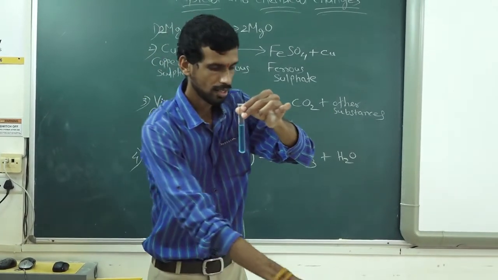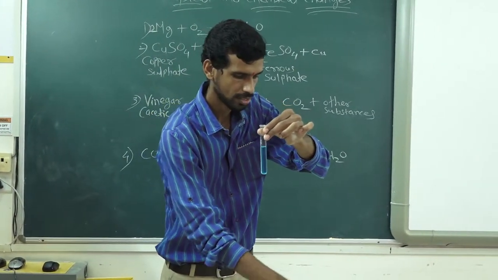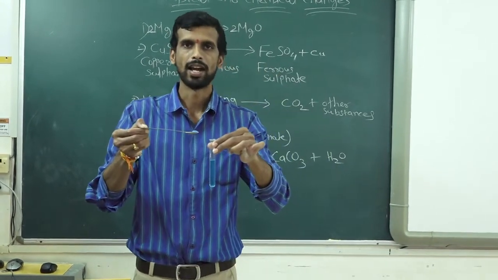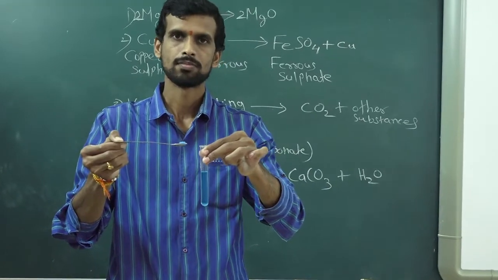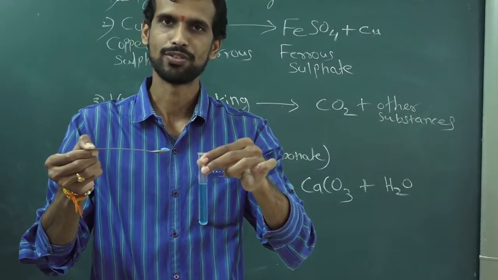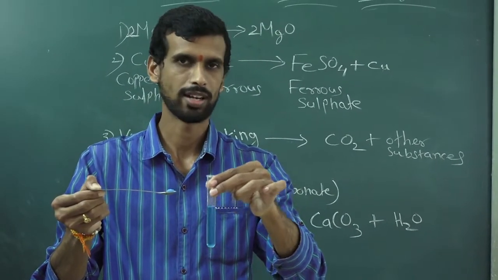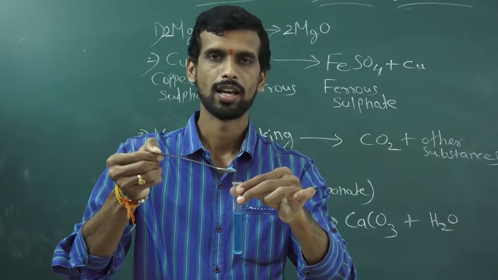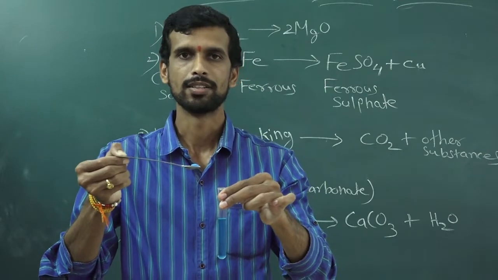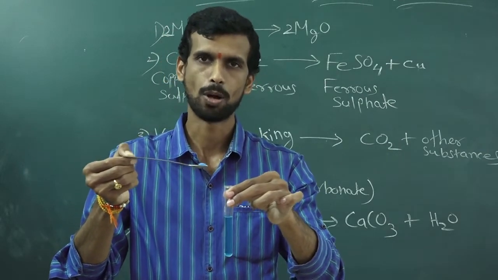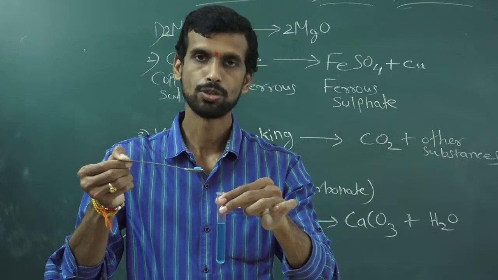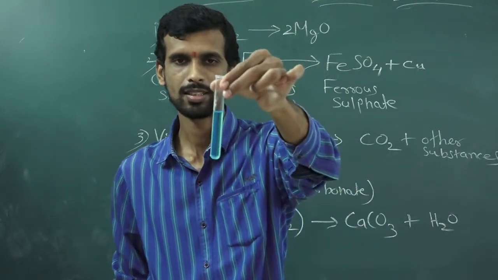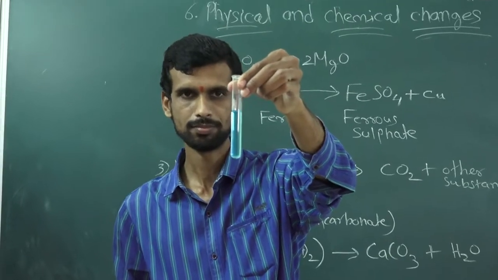I have added some pieces of copper sulfate powder in water, and then I have added a bit of dilute sulfuric acid, some drops of dilute sulfuric acid, to make a proper solution. So this kind of solution I made.